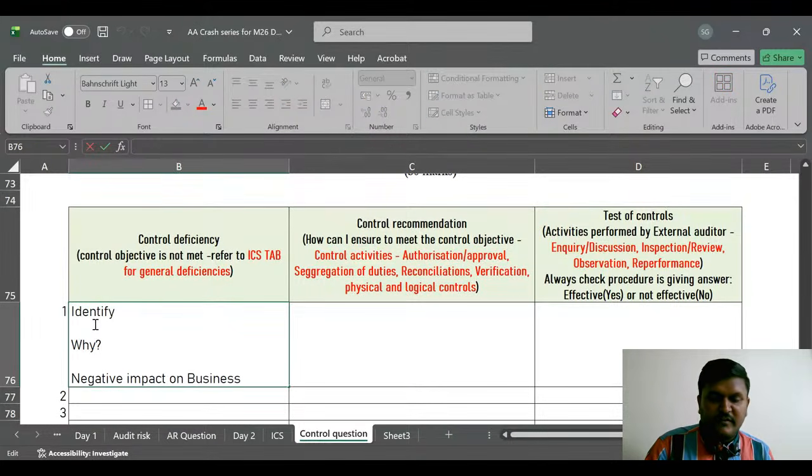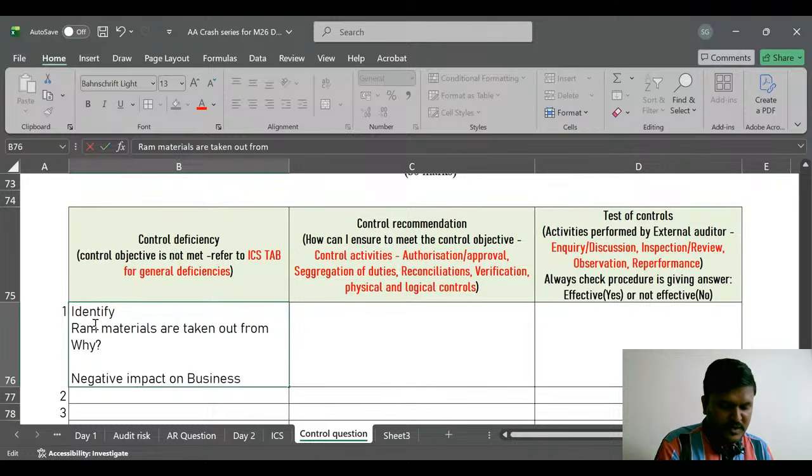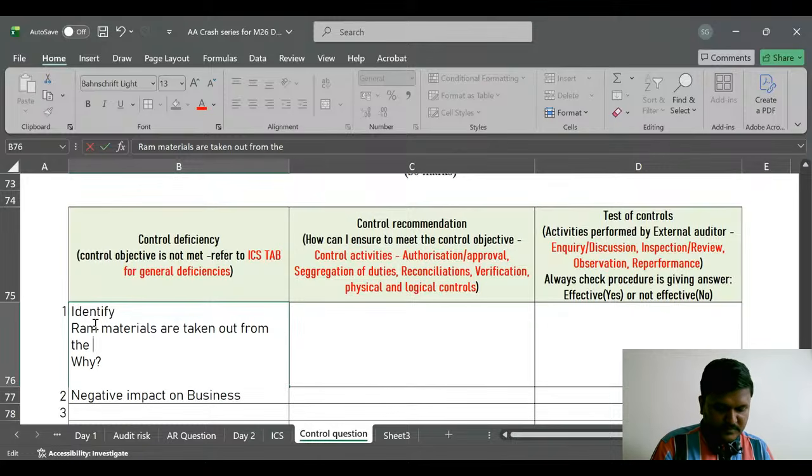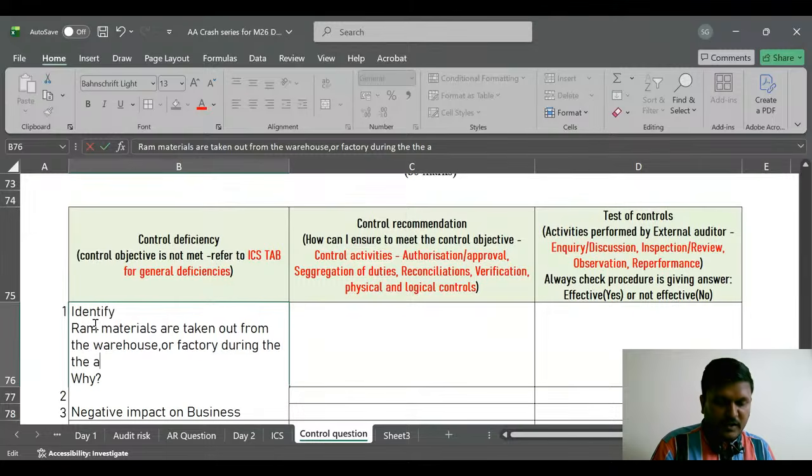So we have identified, what is identified over here, guys? We have identified raw materials are taken out from the warehouse or factory during the active inventory count.